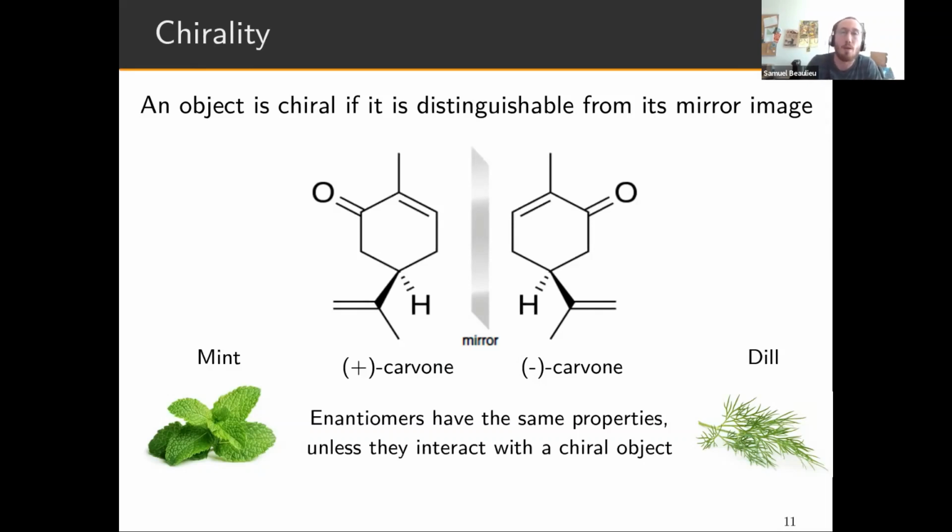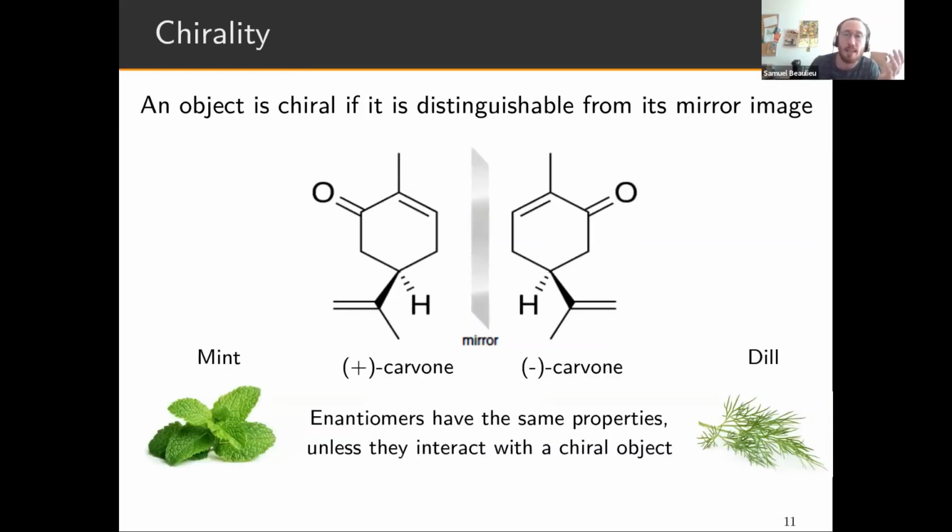So for example, here on your left, you can see the plus carvone chiral molecule, which is giving this very peculiar smell to mint, and its chiral enantiomer, the minus carvone, is giving the smell to dill. So with this very simple example, you can see that just by smelling these herbs, our human body is able to discriminate between these two enantiomers.